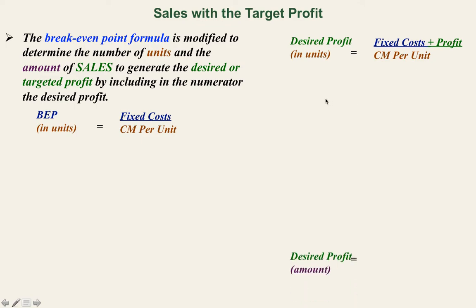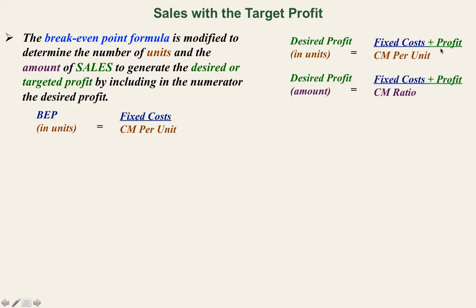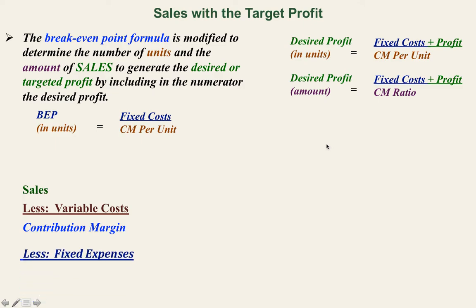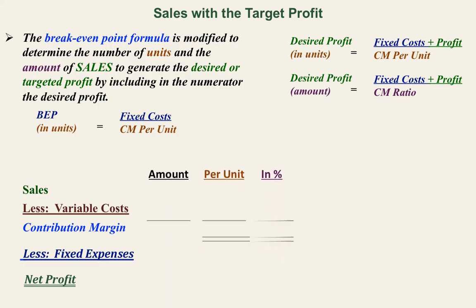In the same way, for the desired profit in amount, it will be fixed cost plus profit over contribution margin ratio. With this, we will be able to compute the number of units and the amount of sales for the desired profit.